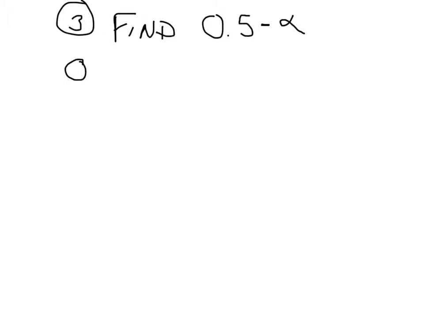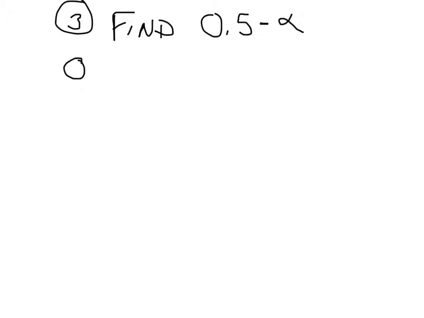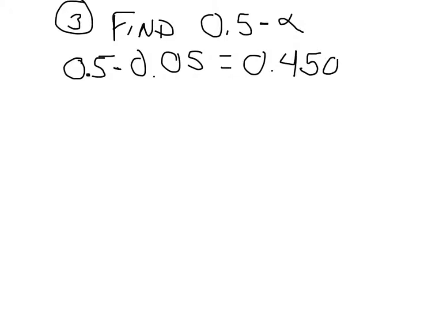So that's going to be 0.5 minus 0.05, and that's going to give me 0.45 or 4500. I look in the middle of the Z table to find the closest hit. That's one of those odd ones that's exactly at the halfway point. So we're going to say our Z is 1.64.